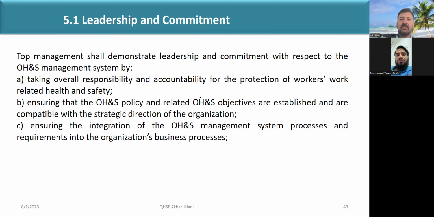After you have NEBOSH and work experience of 2 years, 3 years, 5 years, you come for this training. If you come directly, you will not understand the ABC of the ISO. So your decision is good. I appreciate this.